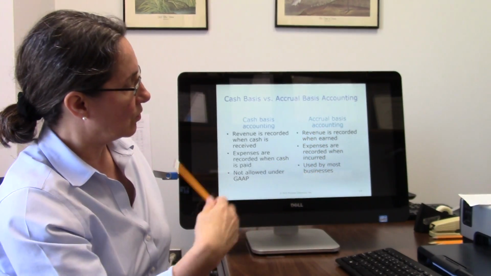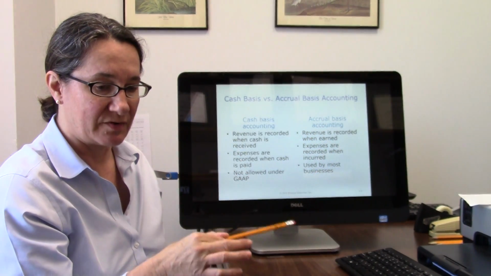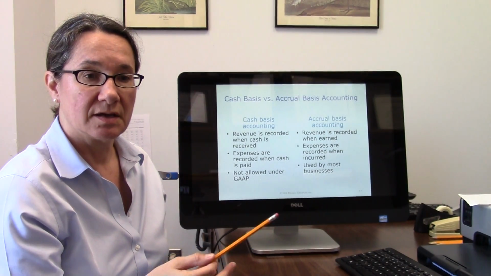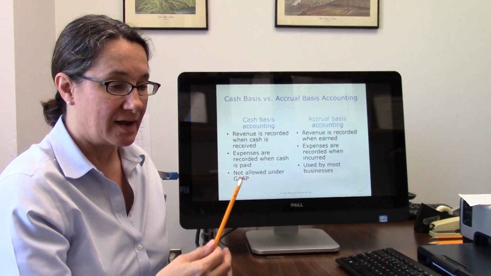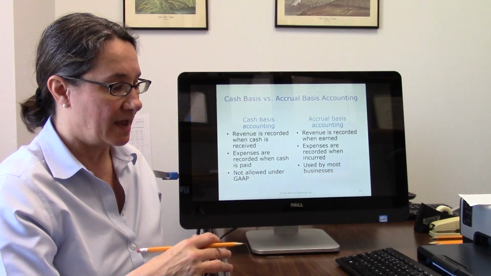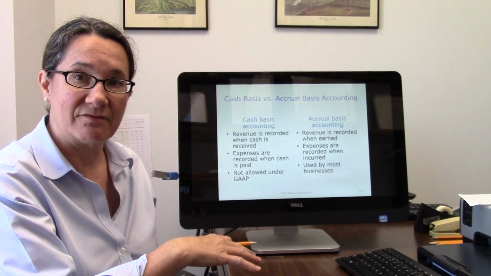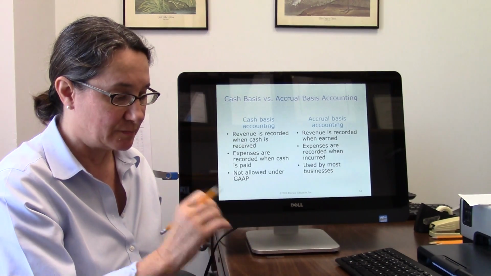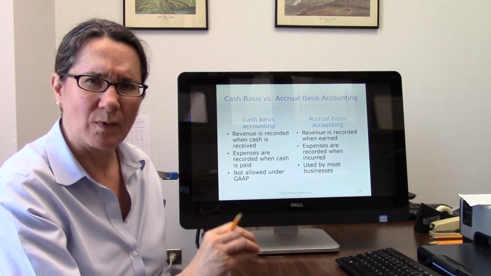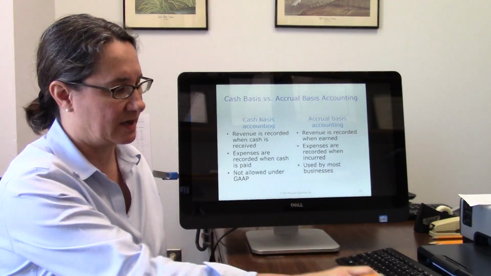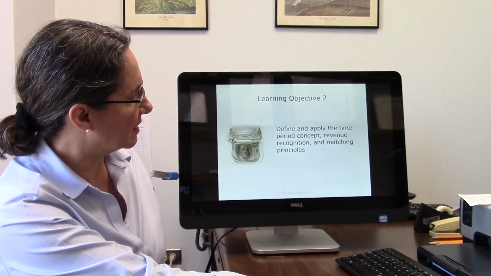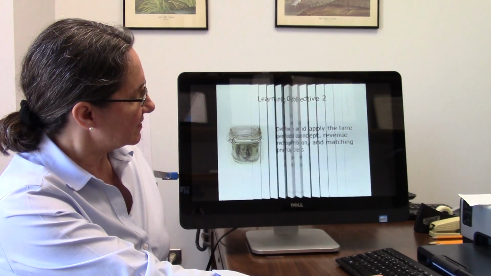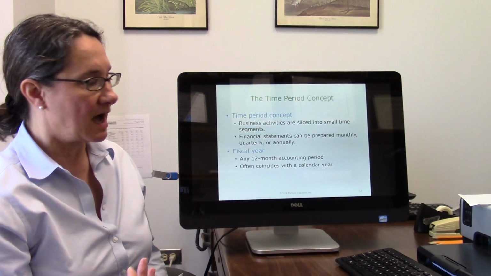Accrual, when the actual revenue is earned, when we do the work, or when we incur the expense, and maybe we have a payable, maybe we have a receivable. But we have to actually put it on the books when it happens, not wait for the cash. All right. So let's talk about this idea of a time period.